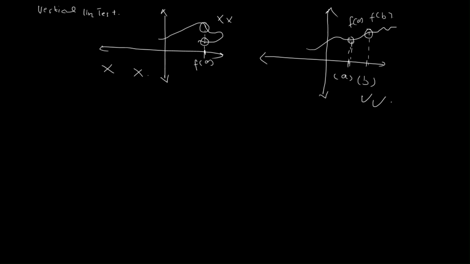Here is one more example of a graph, and you guys tell me in the comment section if this is the graph of a function or not. x equals y squared minus 2. Let's draw the graph of this function.